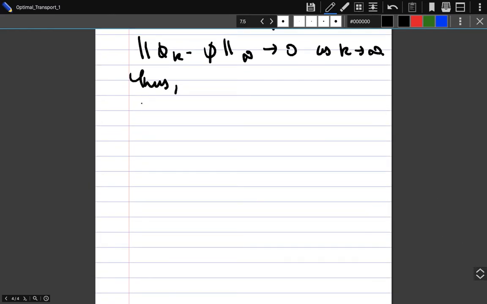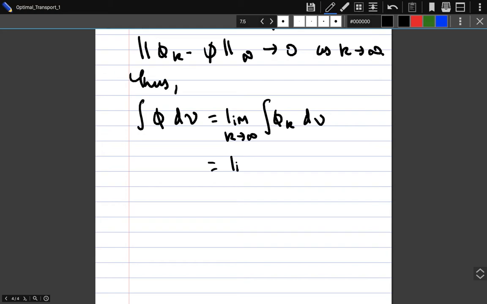And so what do we want to compute? The integral of phi with respect to nu, right? But this is the same as taking the limit of the integral of phi k d nu. And we know that phi k satisfies the integral equality, which I denoted by star.